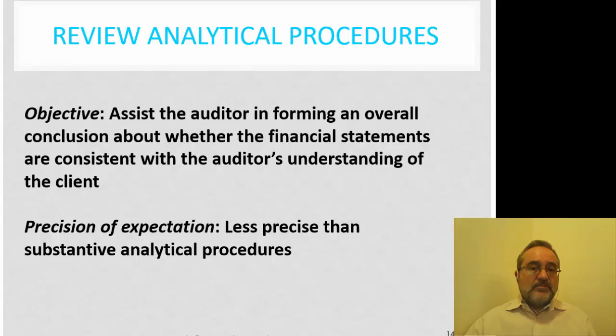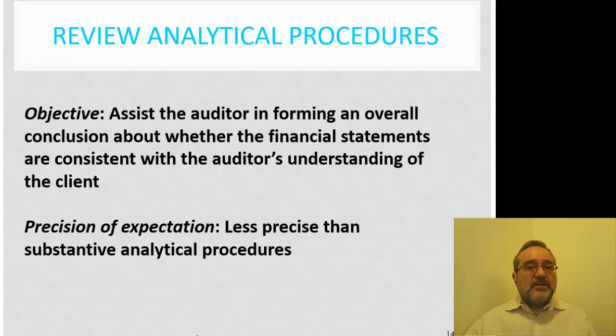Keep in mind that during the course of the audit, we may have made recommendations to management in terms of changing specific amounts within the balance sheet and the income statement. This will impact the ratios.